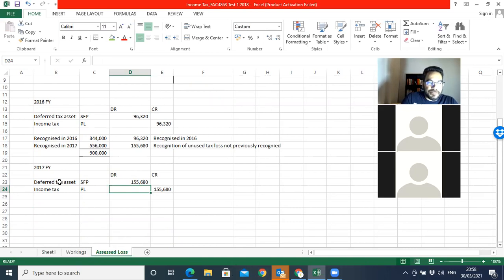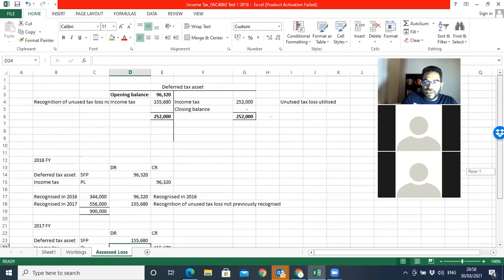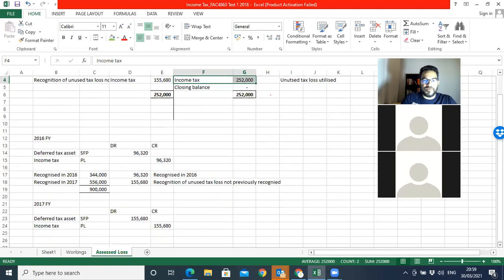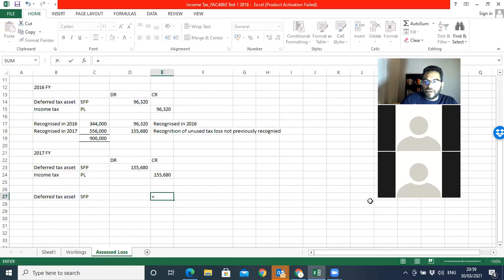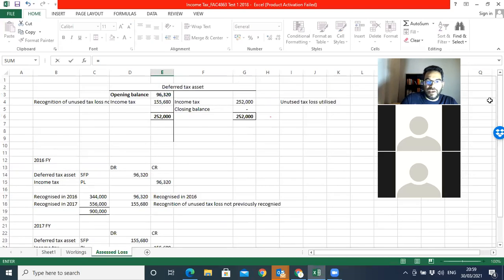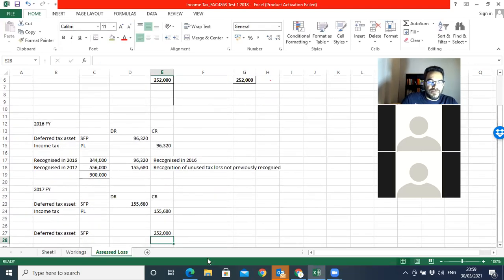Then I do again. Over here, it is a credit to deferred tax. So now I have a credit to deferred tax. So I'm saying credit deferred tax SFP. I'm going to go fetch the number, credit deferred tax SFP 252. For every credit, there must be a debit.